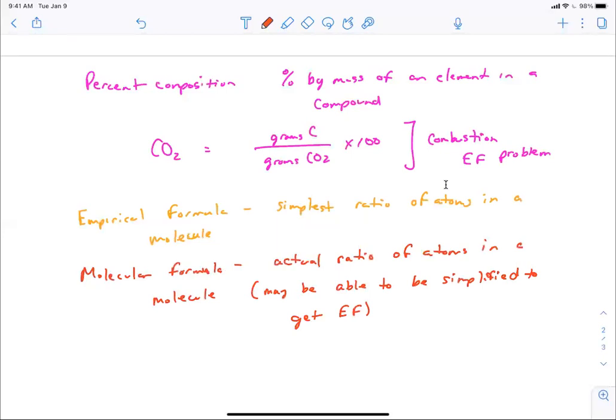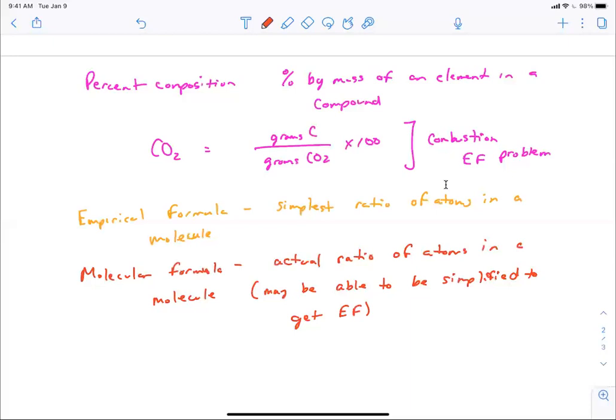The molecular formula is always a multiple of the empirical formula by mass and by subscripts, but the empirical formula could also be considered a molecular formula. If you multiply by a factor of 1, that still could be a molecular formula. It's not always true, but it can be.